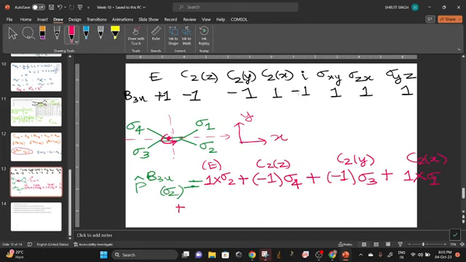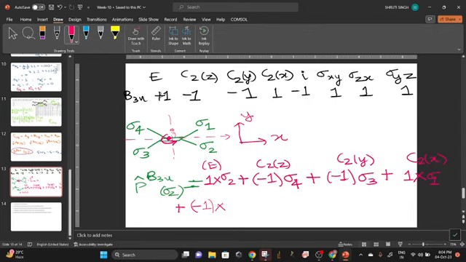Next is identity. Under identity the character is -1. So let's write -1 in. What will happen? This 2 will get changed, because identity is here. The center of inversion is here. So sigma 2 will become what?